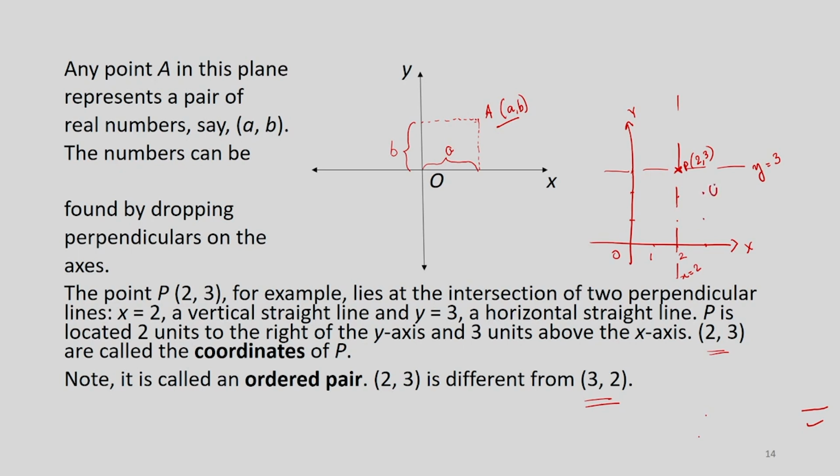This is the value of, let us say, Q 3, 2. P is not equal to Q. So, it matters how these numbers are appearing, which is preceding what. If it is 2 which is preceding 3, then you are here at P. If it is 3 which is preceding 2, you are here at Q.